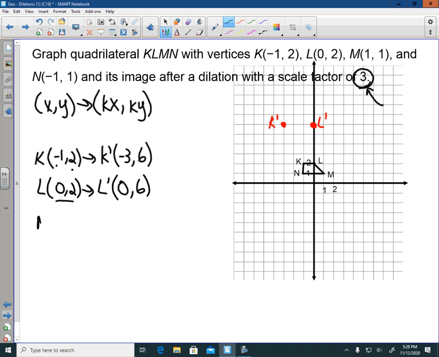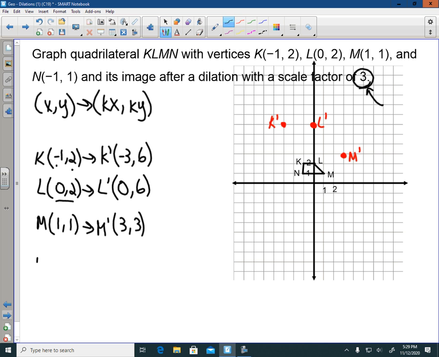All right, let's see. What happens with M? It originates at (1, 1), and we want to find M prime by multiplying by the scale factor. Well, 3 times 1 is 3, and 3 times 1 is 3. And so we have a new point we can graph, (3, 3). There it is, and here's M prime, and we have 1 to go.